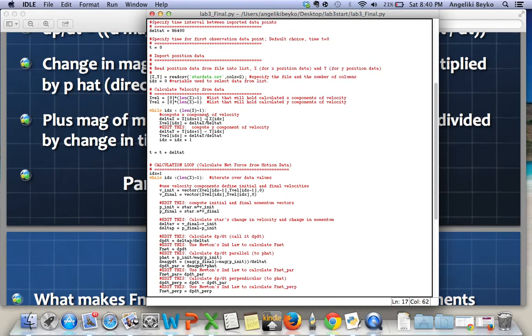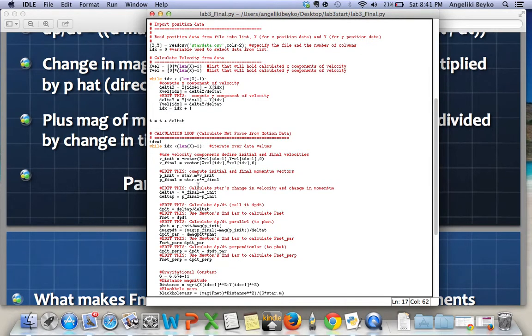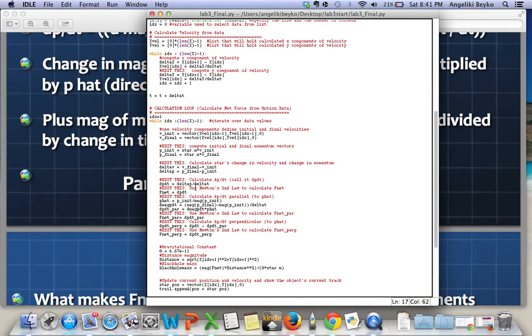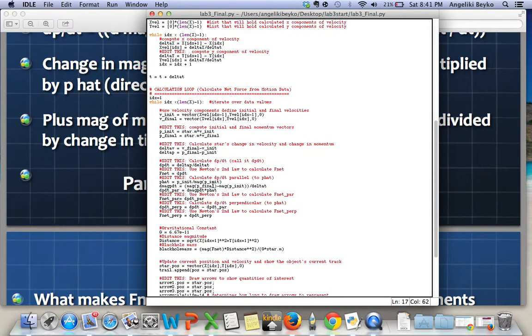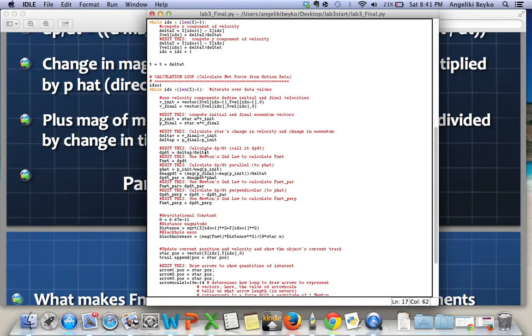The first thing we do is this first while loop, which calculates the velocity: the x component of the velocity, and then the y component of the velocity. Then the second while loop. First we get the velocity components for v initial and v final, and from that we get the momentum components, p initial and p final, which is the star mass times the velocity for each one.